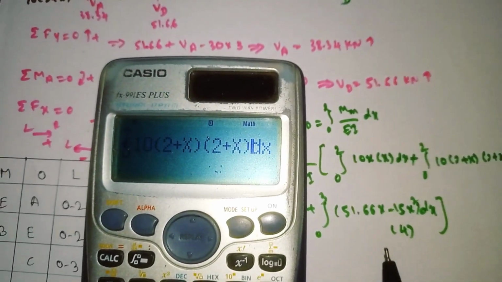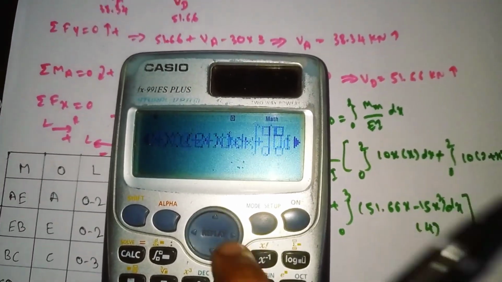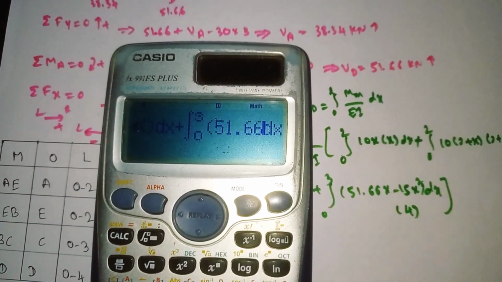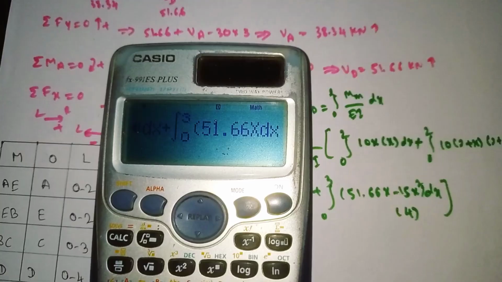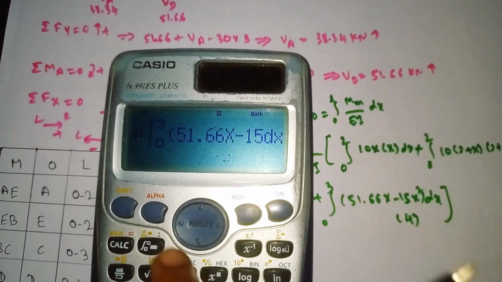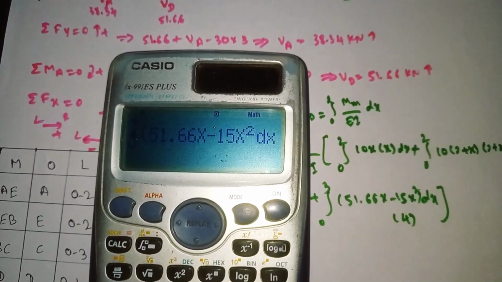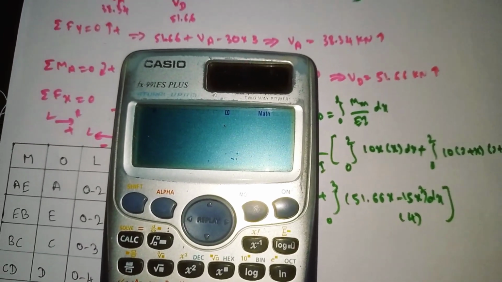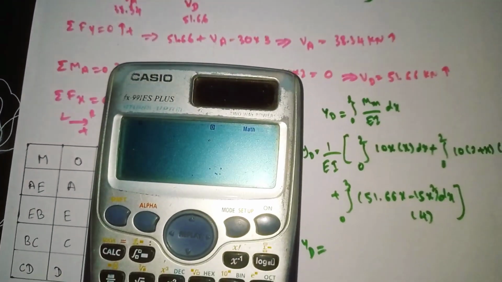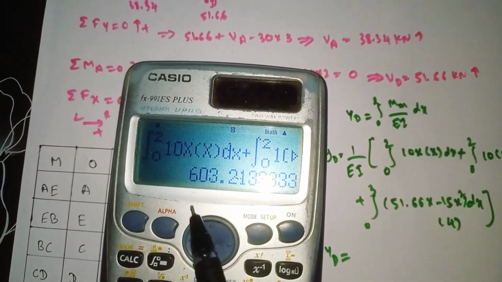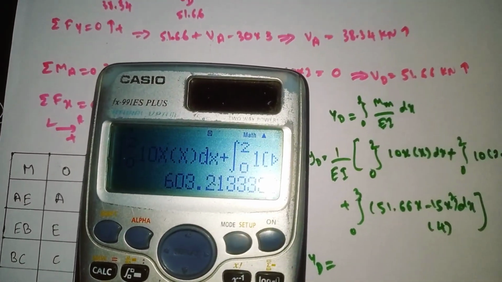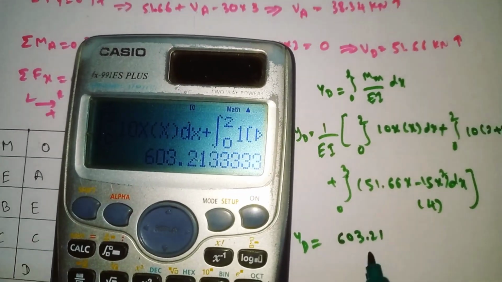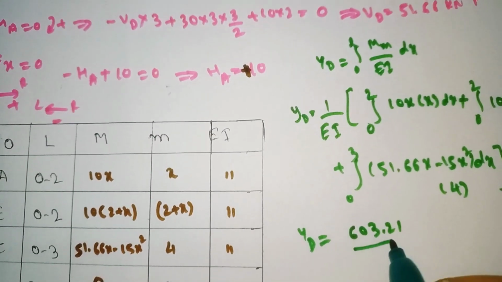Plus this one, plus integration of 0 to 3 of bracket 51.66x minus 15x square, close the bracket, into 4. Now solve it. Our YD value will come out as 603.21. Write it here, divided by EI.